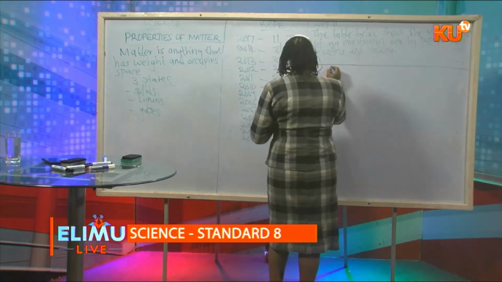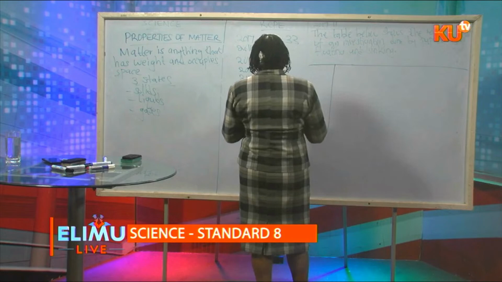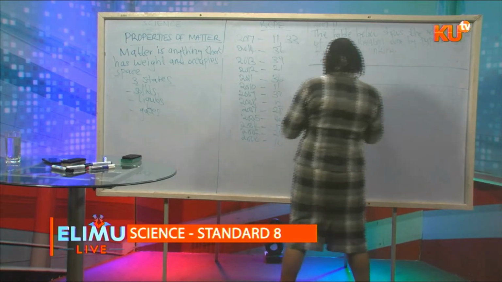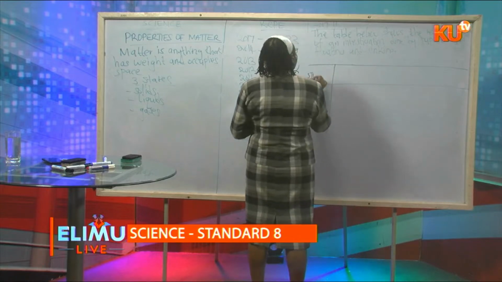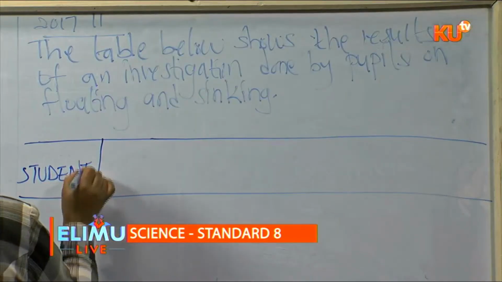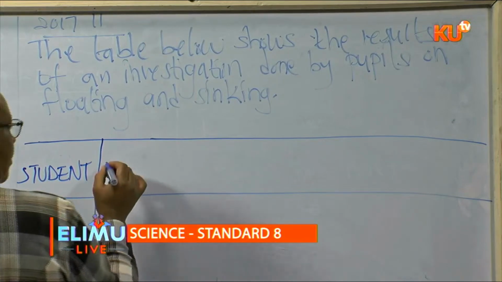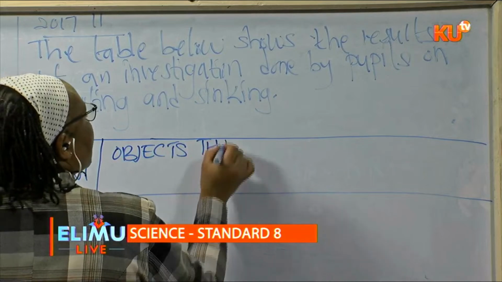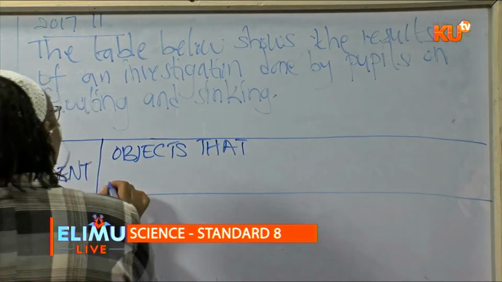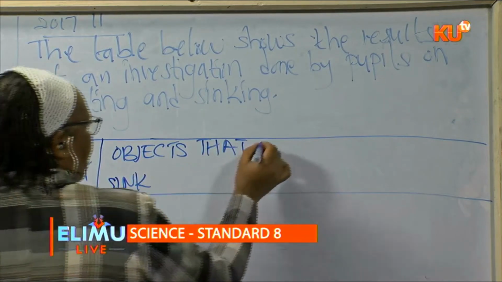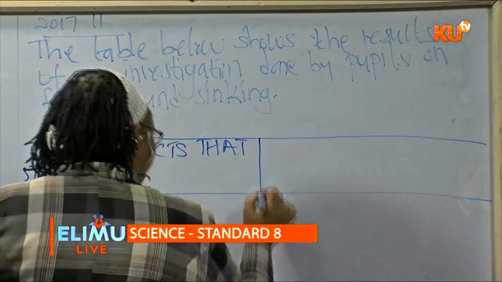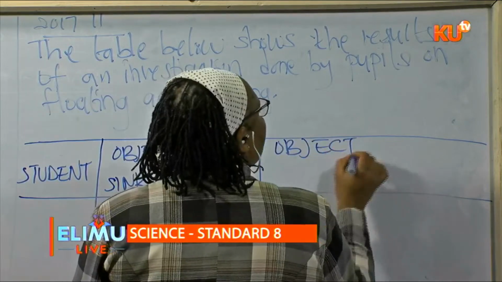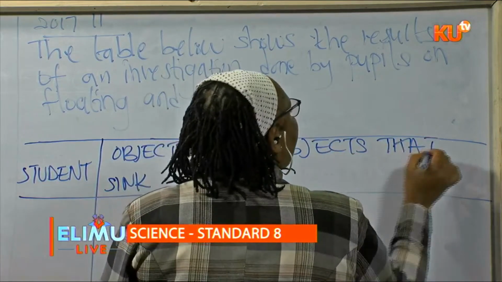So I am drawing that table here. So we have student, and we have objects that sink and objects that float.